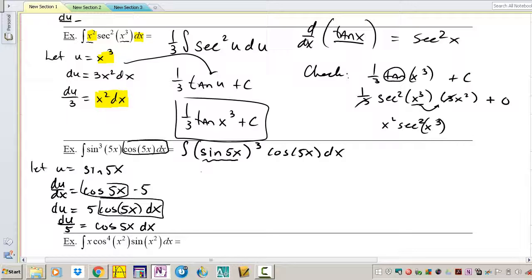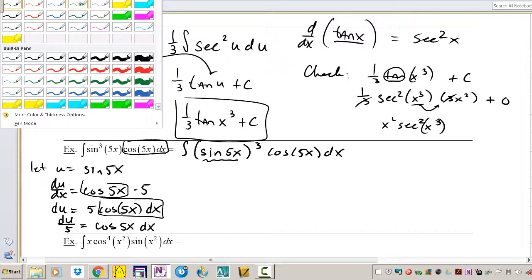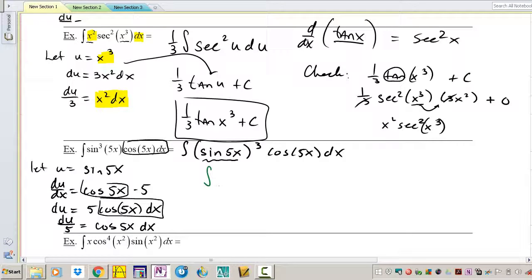Now we can go ahead and rewrite this integral as 1/5 du. What do we let u equal? We let u equal sine 5x. What is sine 5x being raised to? The third power. So it's going to be u to the third.